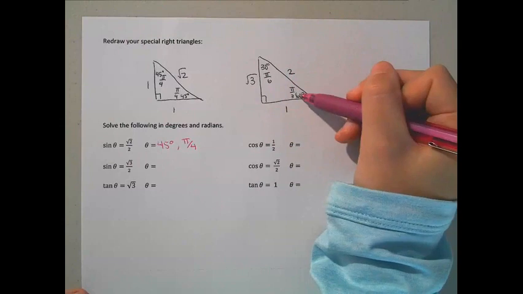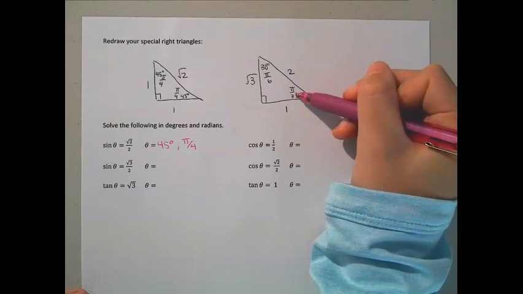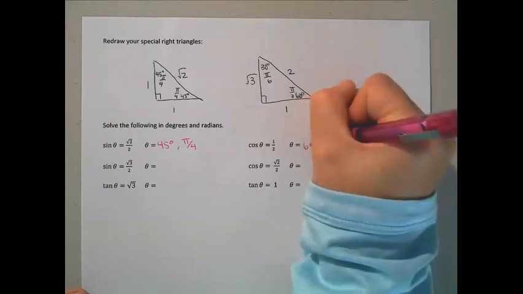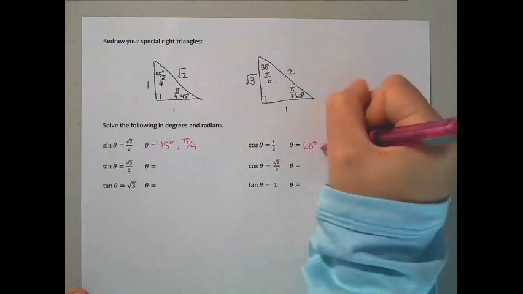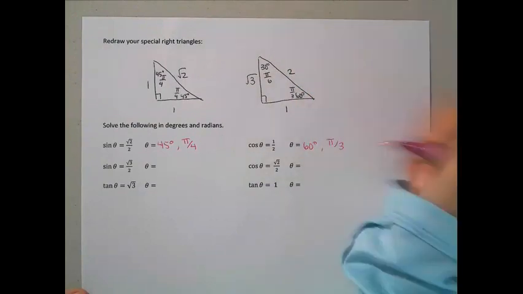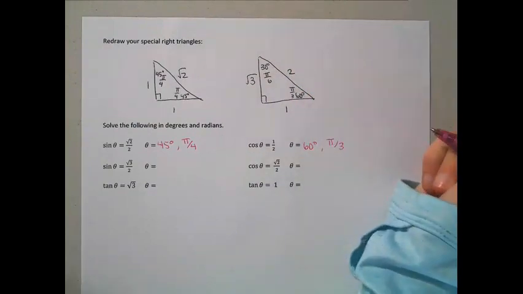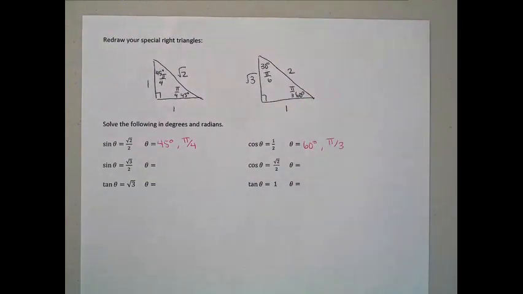So that's going to be adjacent to pi over 3, or 60 degrees. I just gave you 2 examples. I'm going to have you guys try the rest on your own. Work with your triangles, try to work backwards, and pause the video here.